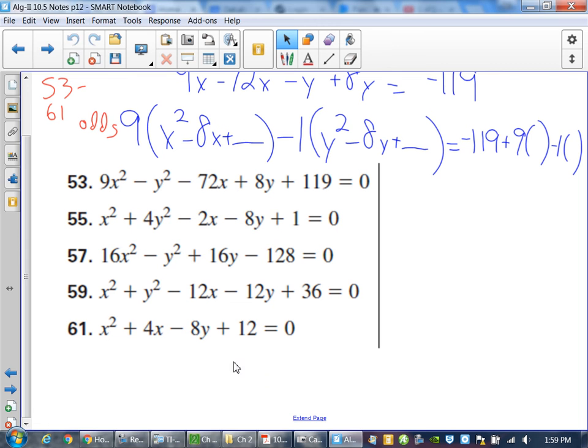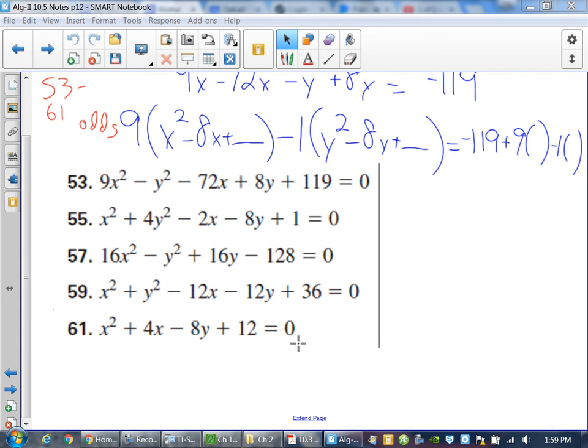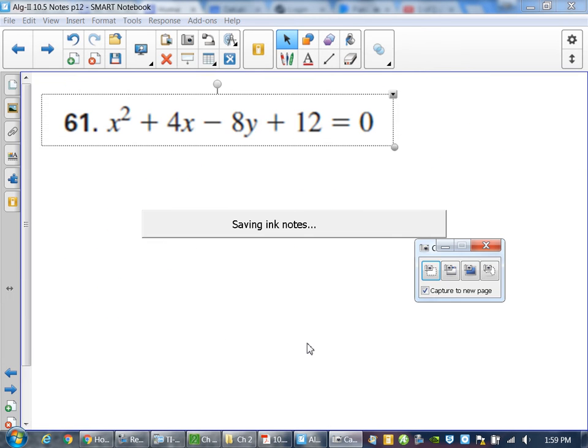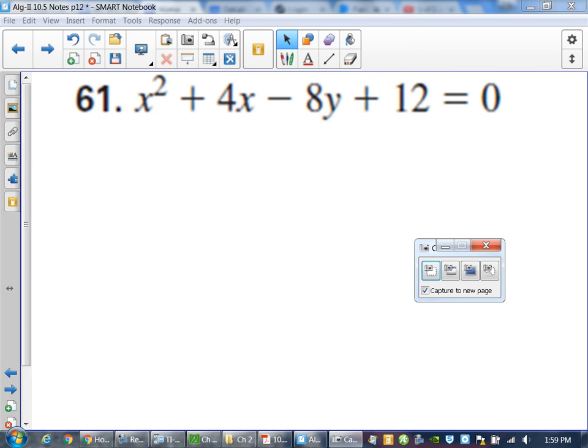We haven't had to do a problem like 61 and set it up into the standard form of the equation when you have a parabola. When you have one that looks like that, what you want to start with is realize it's very easy to notice that it's going to be a parabola.